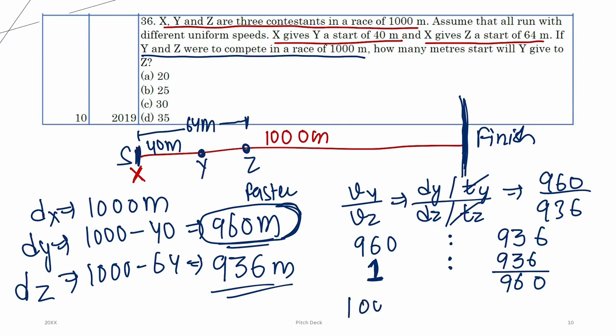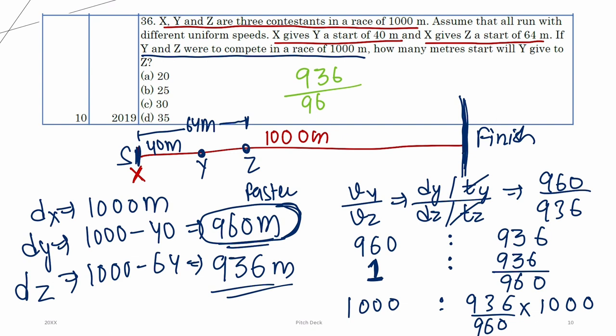When y is covering 1000 meters, z is covering 936 by 960 into 1000. I hope I am doing it right. Let's see. 936 by 960 into 1000. Right? Now let's solve this. How many meters start will y give to z?